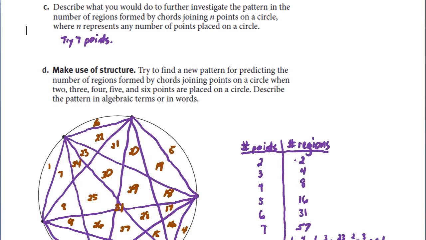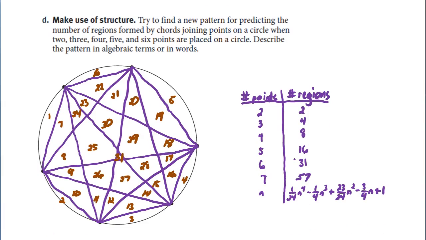Question D, try to find a new pattern for predicting the number of regions formed by chords joining points on a circle when 2, 3, 4, 5, and 6 points are placed on the circle. Describe the pattern in algebra terms or in words. So here I've made a little chart, number of points, number of regions.